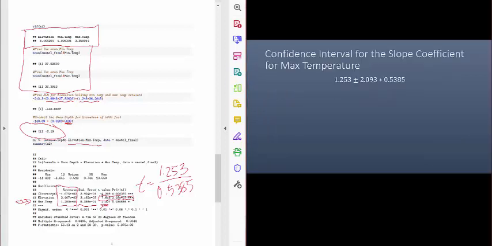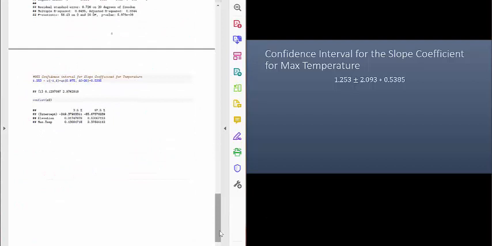To find the confidence interval, we can use R as a calculator and put in our slope coefficient plus or minus the t-star multiplier times the standard error. And this would give us a confidence interval of 0.1297 to 2.376.